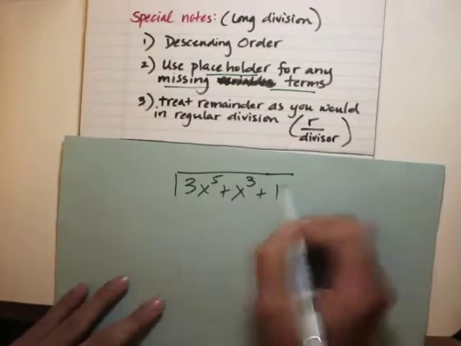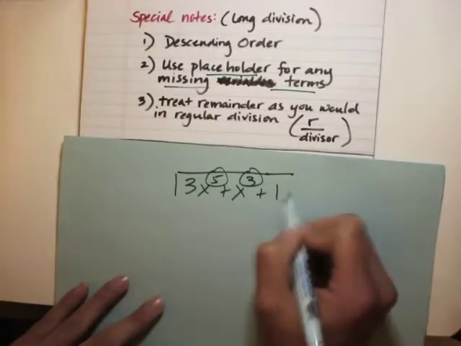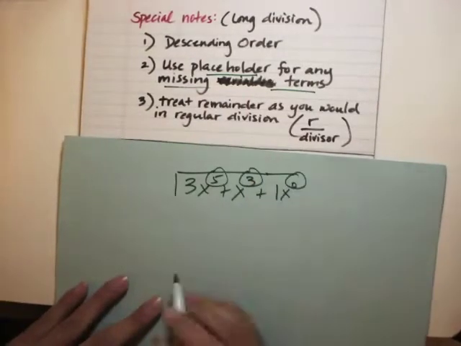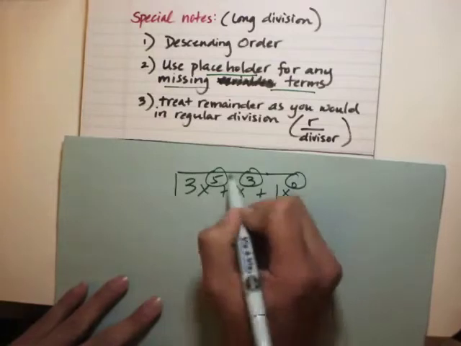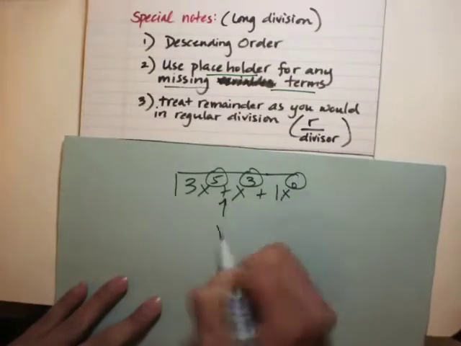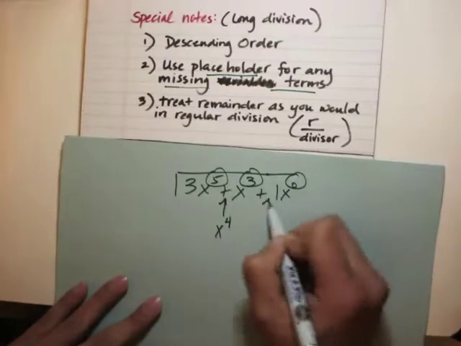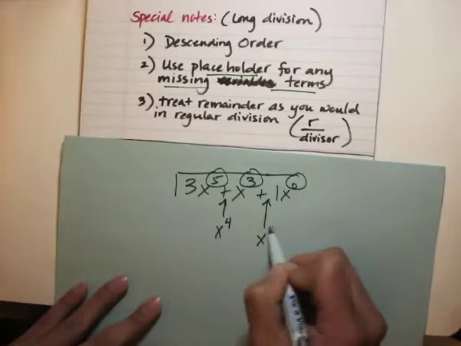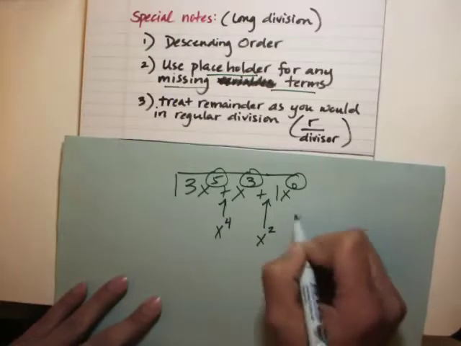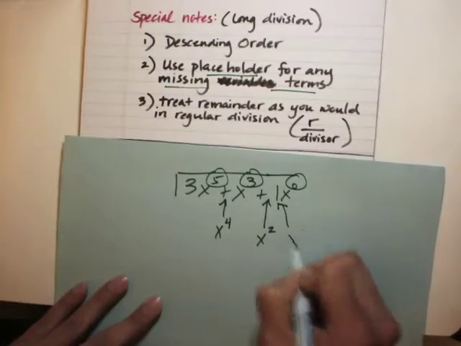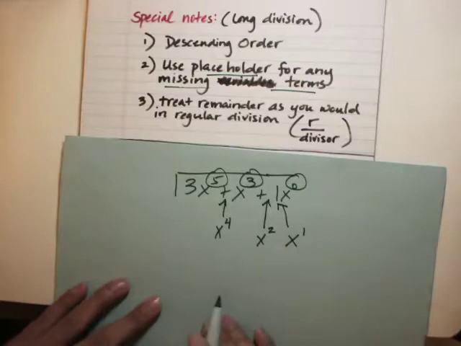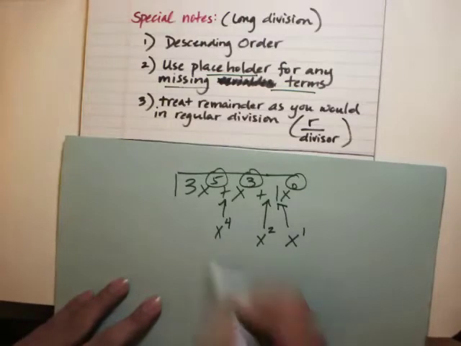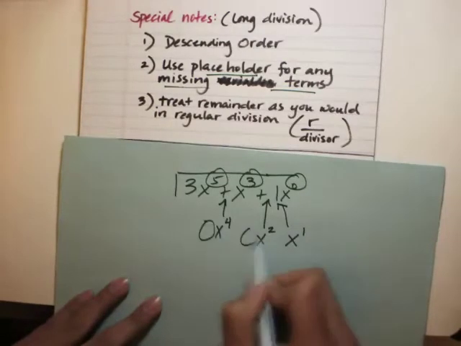Okay, descending order, yep, it's in descending order. This is really x to the 0, so that's descending order. But we're missing really x to the 4th, and we're missing x to the 2nd, and we're missing also x to the 1st. Okay, when we're talking about adding a placeholder, you're going to add a 0.